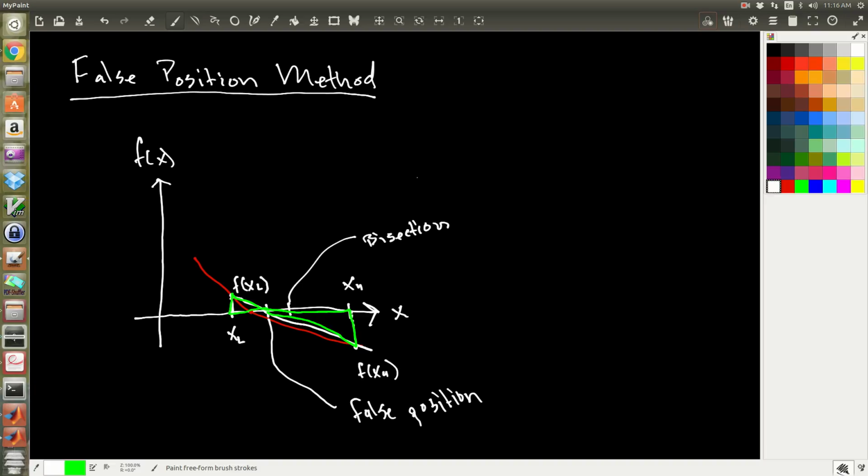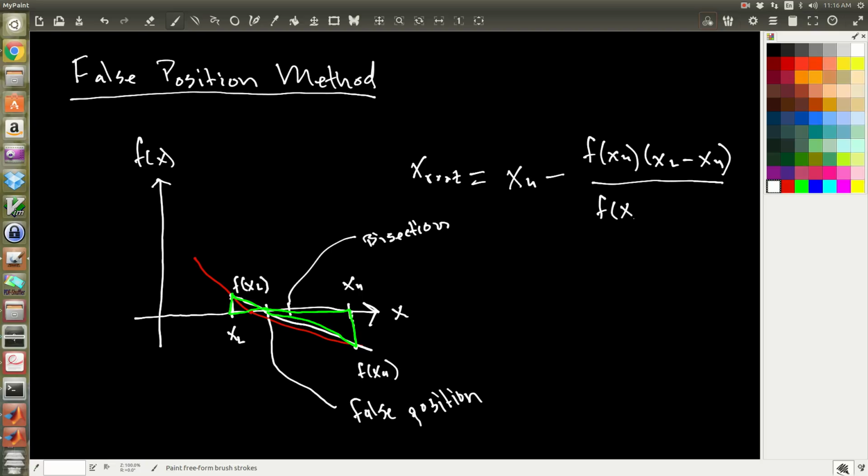And the equation is our approximation for x root, that's this point right here, is equal to x upper minus f at x upper times the quantity xl minus xu all over f of xl minus f evaluated at xu.